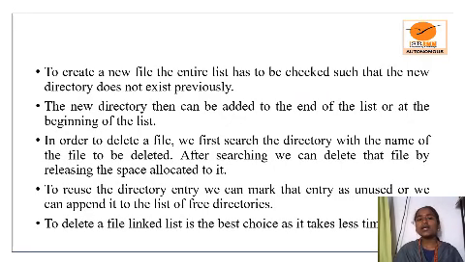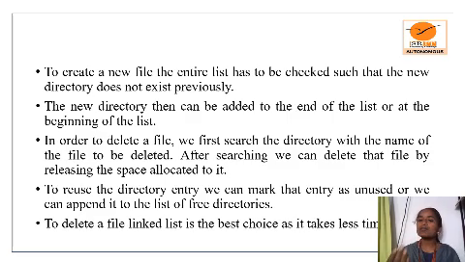So to create a new file, the entire list has to be checked such that the new directory does not exist previously. If you want to add a directory in a list, at either the end or the beginning, first we have to check whether the new directory exists in the list or not. Now if we want to delete a file, first we have to search for the directory file name.